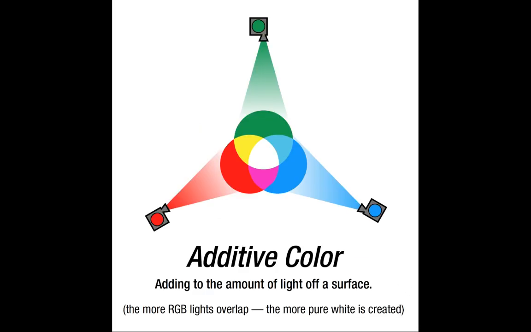If I had three light sources, a blue light, a green light, and a red, RGB, and I shone them over each other and overlapped them, I would get pure white in the middle. This is additive color. You can see I'm adding to the amount of light that bounces back to the eye. That's why it's additive. I'm adding light. I'm adding reflection. I'm adding bounce back.